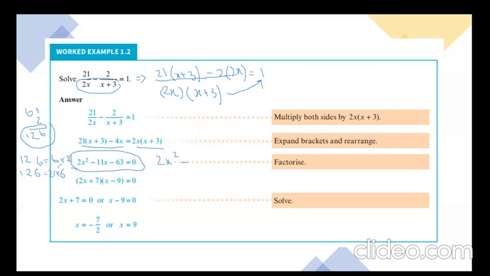Now if 21 multiplied by minus x equals minus 4, no, these are not the factors of 126. So how to do it?